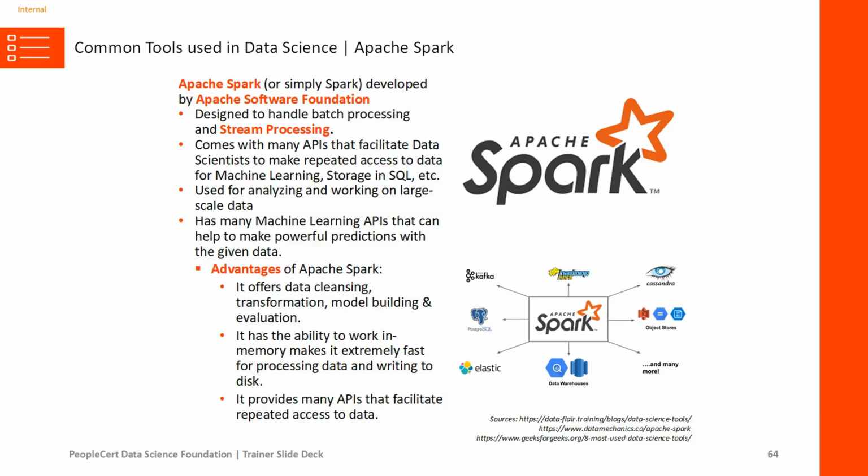It has the ability to work in memory, which makes it extremely fast for processing the data and writing to the disk. And as we said, it has various APIs to get the data from multiple other sources.